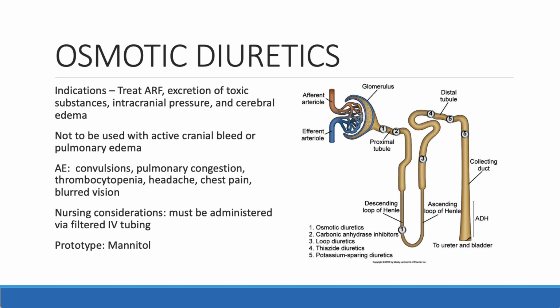Osmotic diuretics work in the proximal tubule, right? And we use these to treat brain injuries a lot. When we need to get rid of certain toxic substances, then we use them as well. We don't use them other than very specific indications like that. All right.